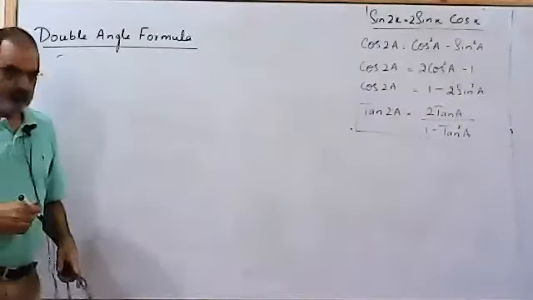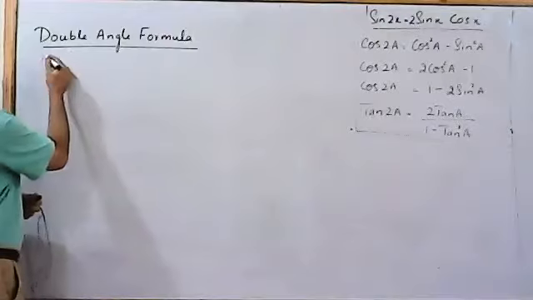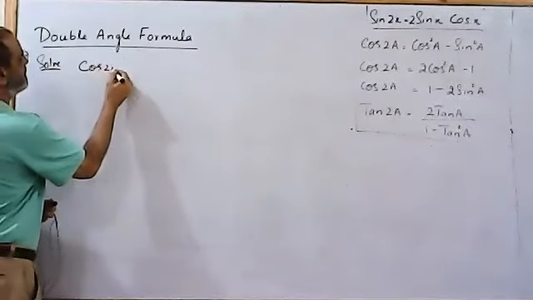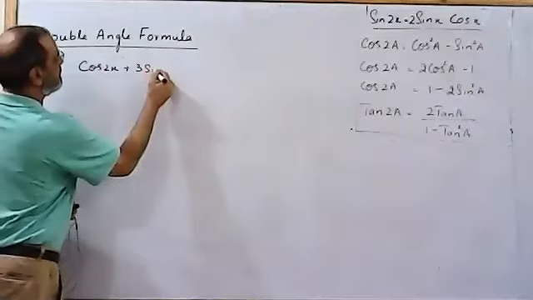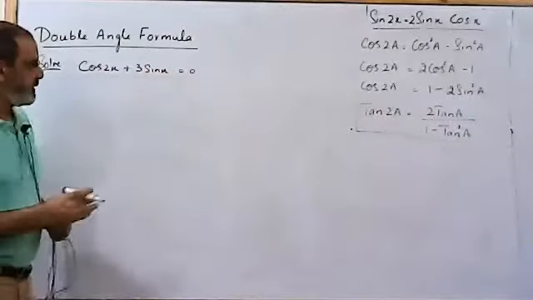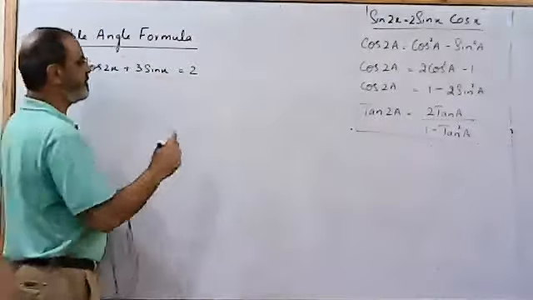Another example: we have to solve cos 2x plus 3 sin x is equal to 2, where x varies between 0 to pi.